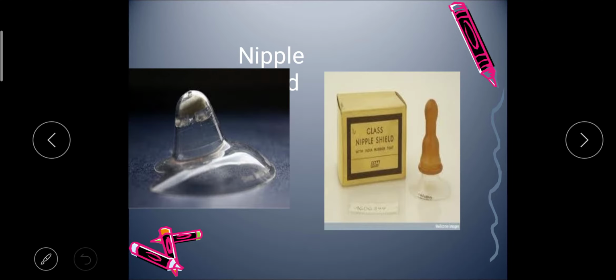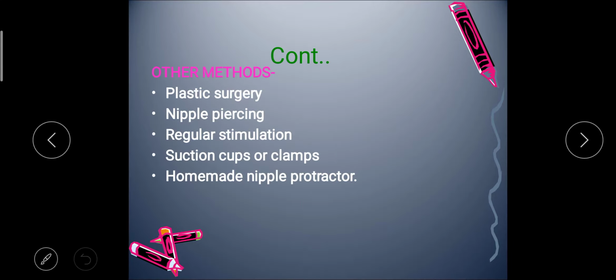This is the picture of a nipple shield. Other methods to treat it are plastic surgery, nipple piercing, regular stimulation, suction cup or clamps, or a homemade nipple protector. So these are the other methods by which women can feed their baby in case of inverted nipples.